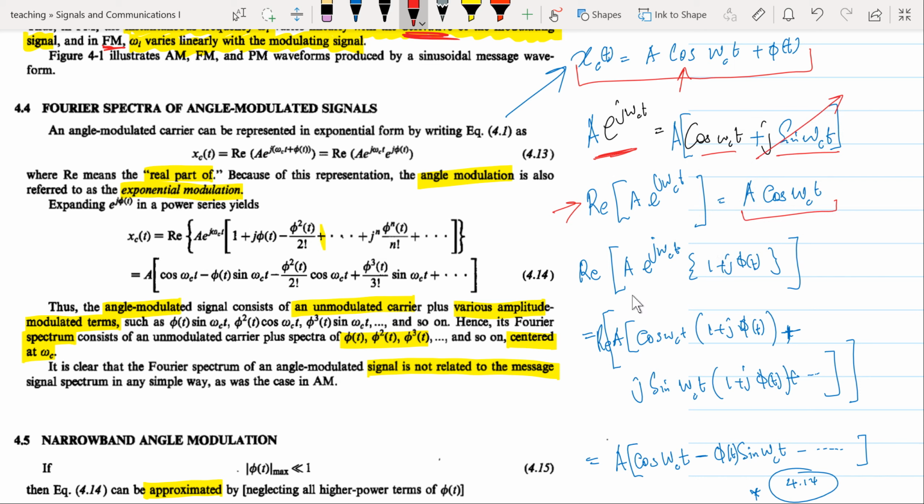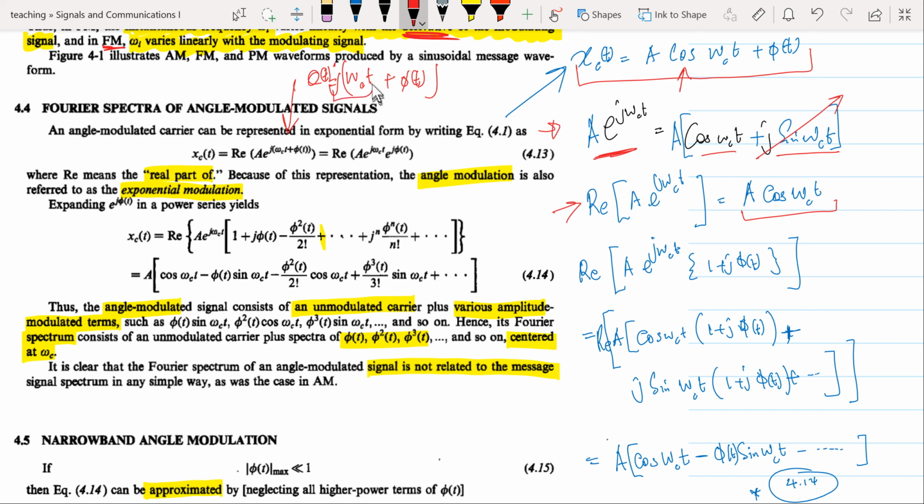And before we did this bit, we simply first split up this exponent, which is zeta of t being equal to omega c t plus phi of t, and there is j outside here.